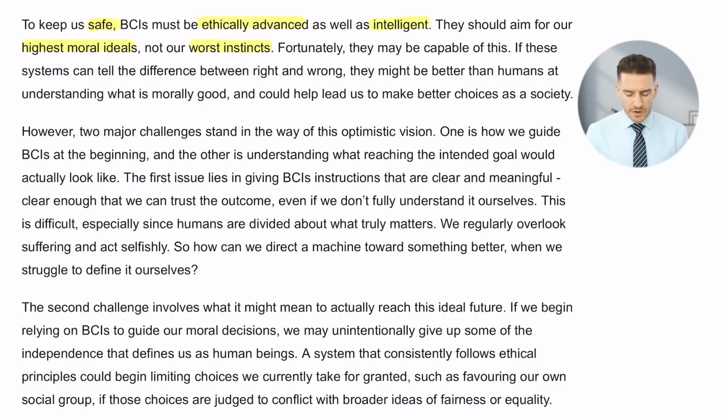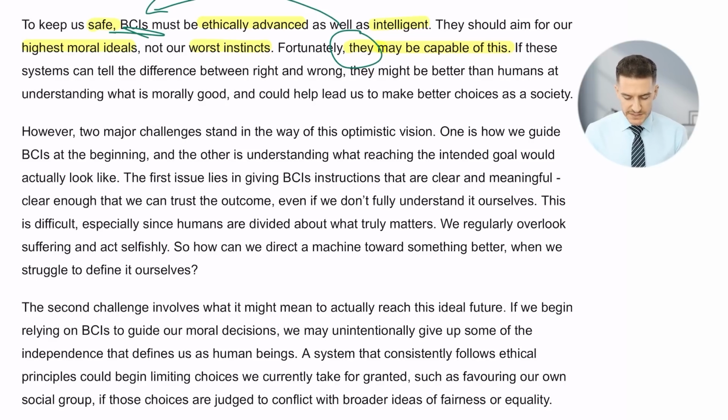So what that is saying is that they should take the best things from humans and not take the bad things from humans. Fortunately, they may be capable of this. Now, when it says they, okay, they is just talking about the BCIs. That's an example of referencing. Because we've talked about BCIs, and instead of saying BCIs again, we just simply say they.